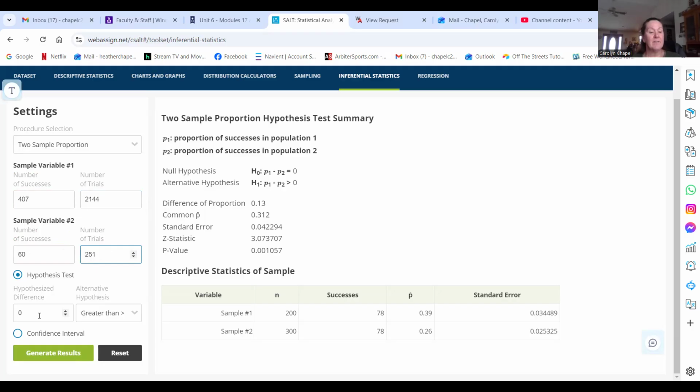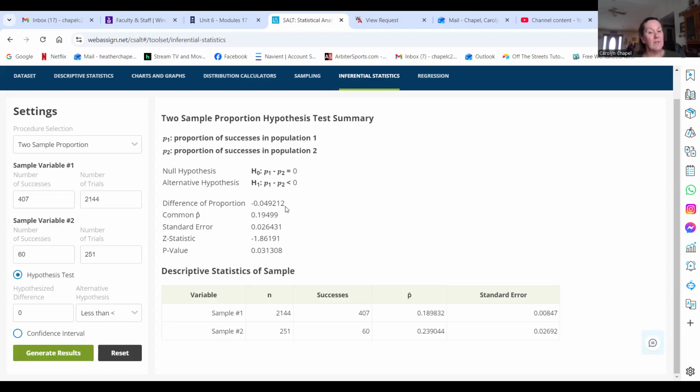The hypothesized difference is 0 because I just want to know, is one bigger than the other? Not bigger by 17% or whatever. And we are doing a less than this time, and generate my results. So Virginia minus Pennsylvania is equal to 0, versus Virginia minus Pennsylvania less than 0. There they actually subtracted the two.